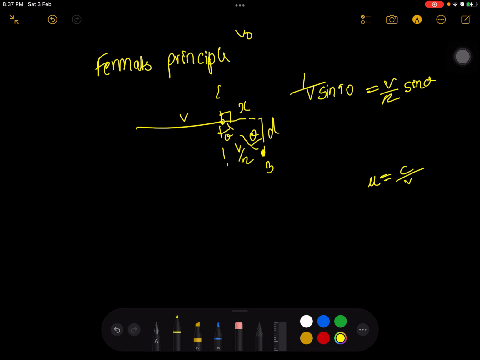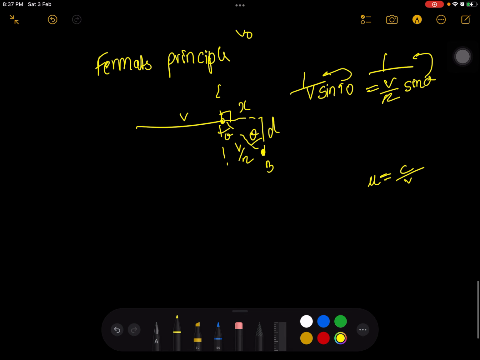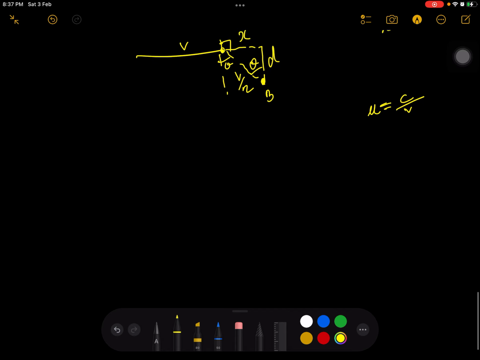So sorry, this is 1 by v and this is 1 by v by eta, sine theta. It's mu1 sine, maybe I got confused. Sorry, so it's like mu1 sine is equal to mu2 sine theta. Okay.